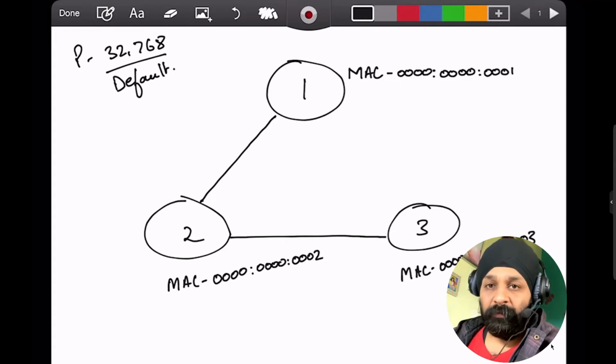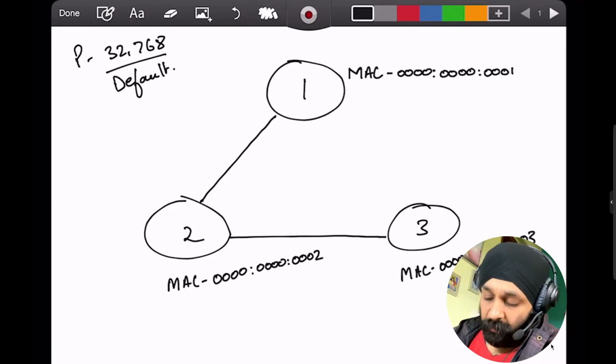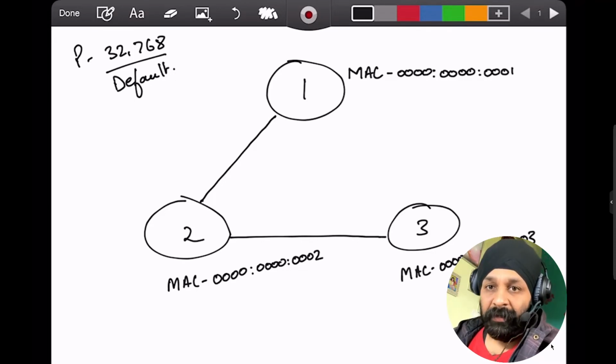This is what happens with all the switches when they're switched on. They assume themselves to be the root switch or the root bridge. So switch 2 sends a BPDU, that is the bridge protocol data unit, hello to all the other switches, and it says that I am the root bridge.